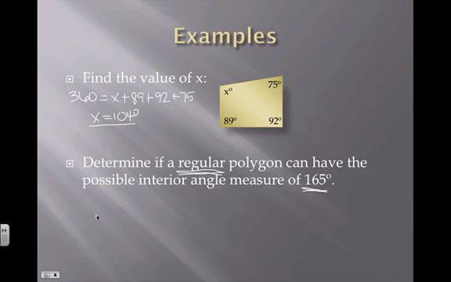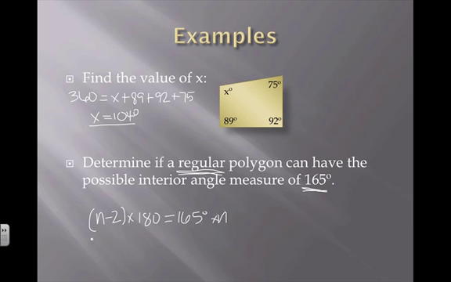So we're going to have to use our equation from our interior angles theorem, which says that n minus 2 times 180 will give us the sum of our interior angles. But we also know that that would be 165 degrees times n.